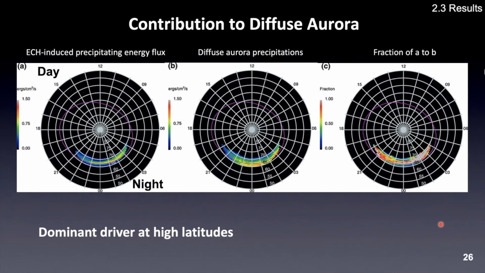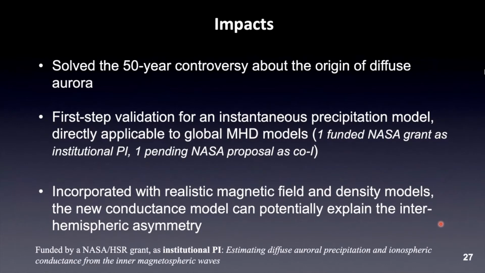So just to summarize, we directly solved this long-standing problem about the origin of diffuse aurora by directly modeling the wave-particle interaction process, and it indicates that the ECH wave is the dominant driver of this precipitation in the higher latitudes.